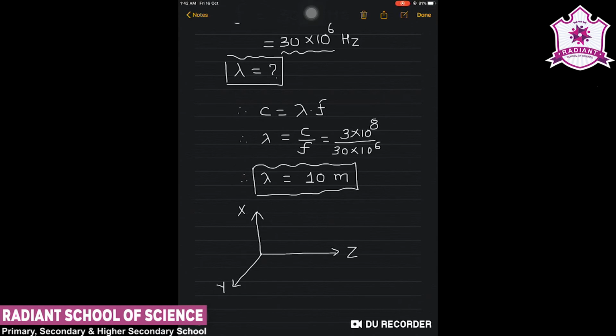If this is the resultant wave direction, as per the question, the resultant wave is moving along the z axis. Now as far as the equation E cross B is concerned, we can say that E cross B is the resultant.